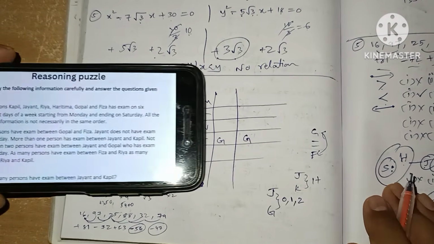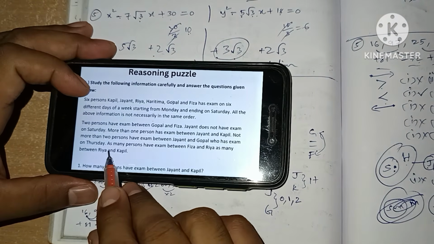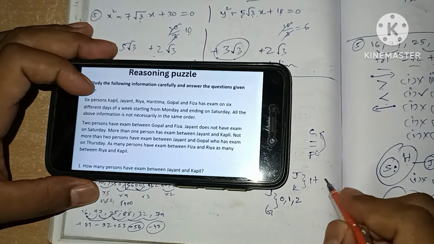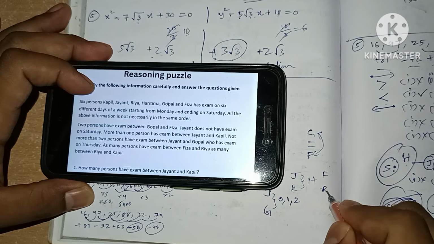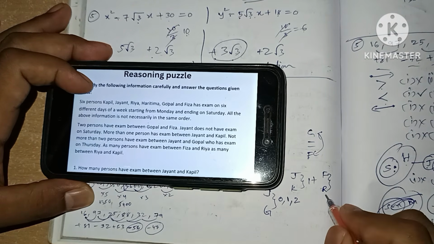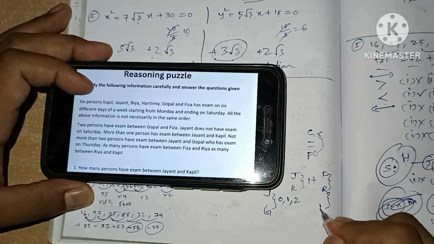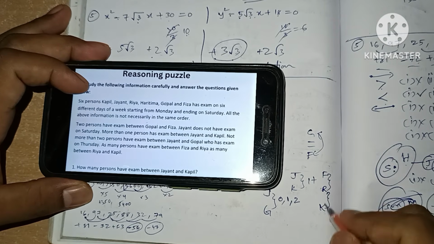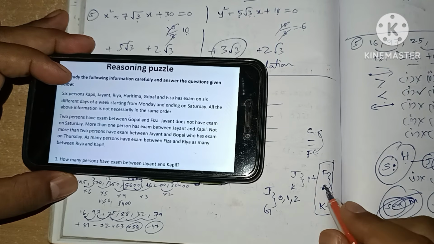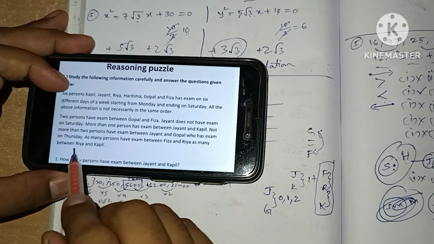Let's take two possibilities. As many persons have exam between Fiza and Ria as between Ria and Kapil. So this is a sequence. Okay. We have completed our statements.